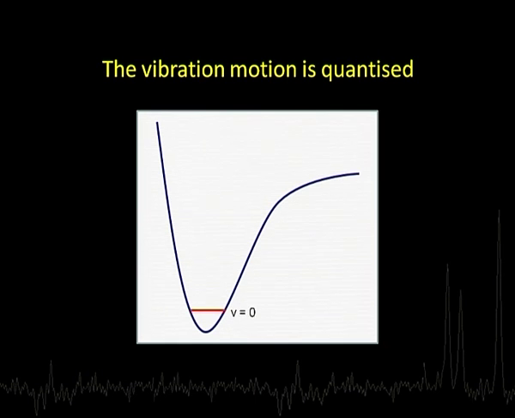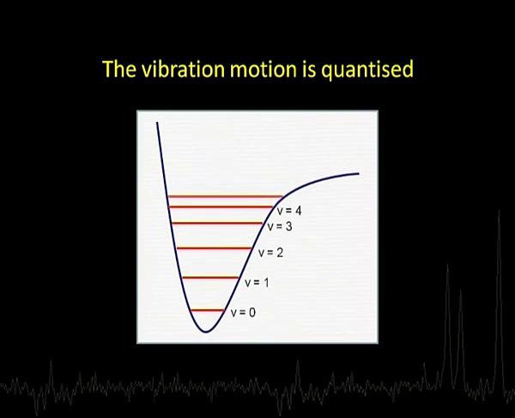So when you talk about vibrational motion, if I treat it in terms of quantum mechanical prescriptions, we find that the vibrational motion of the molecule is quantized. What it means is that it can vibrate only in certain possible ways, and that is represented in terms of an energy level diagram which goes as follows.